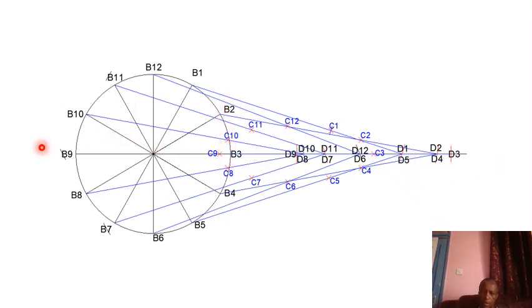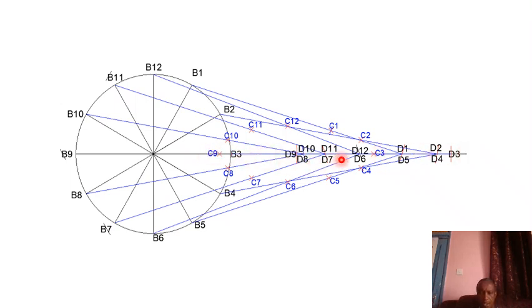You will notice that, because this diagram is symmetrical, this center line is the constraining line.